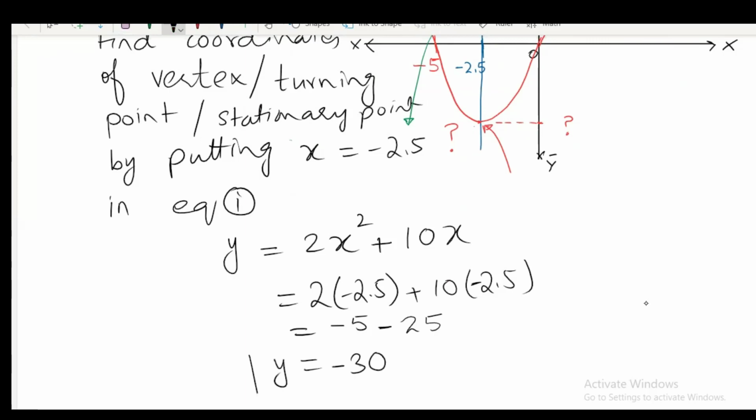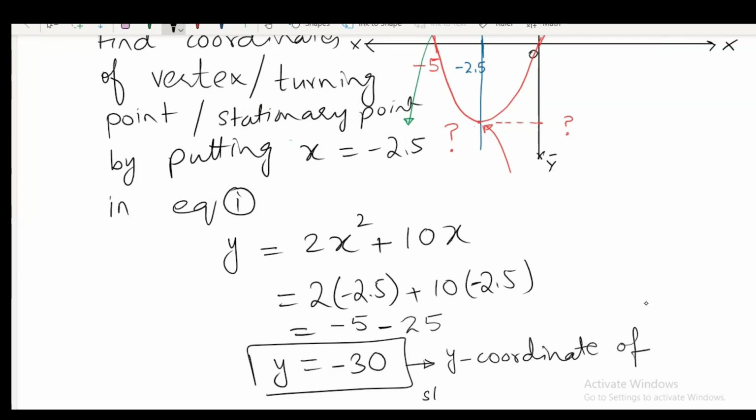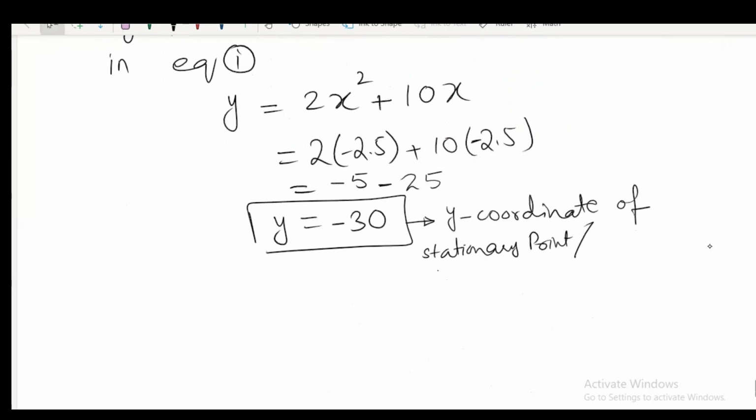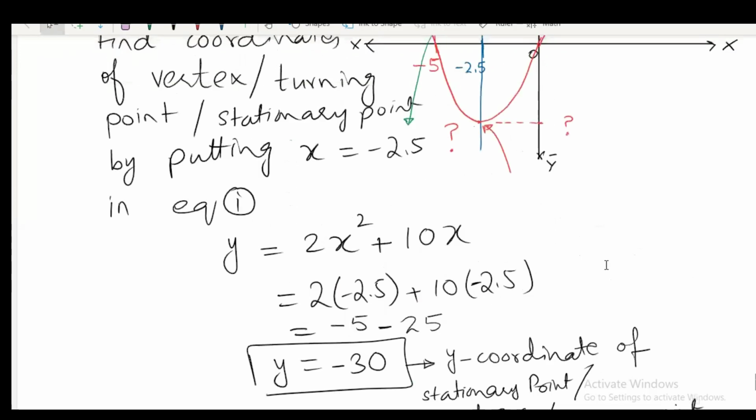So this is the y coordinate of the stationary point, or we can say the vertex, or turning point.